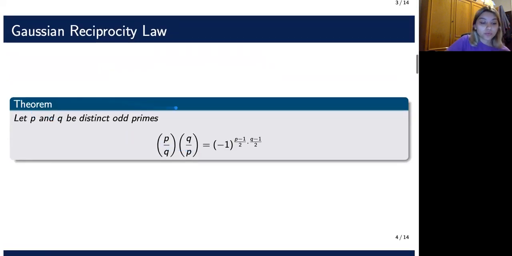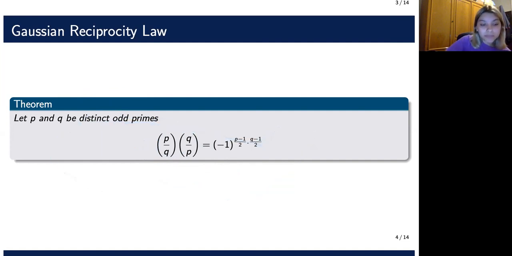And we can pass to our main theorem, the Gauss reciprocity law. Let P and Q be distinct odd primes. When we multiply these Legendre symbols, we are gonna have (-1) to the power of (P minus 1) over 2 times (Q minus 1) over 2. And this is gonna be our main theorem.